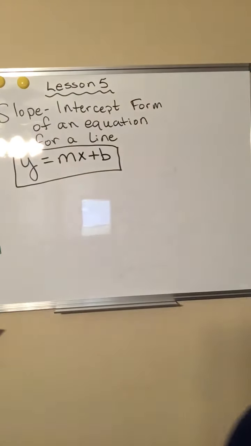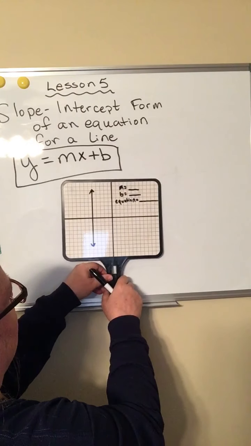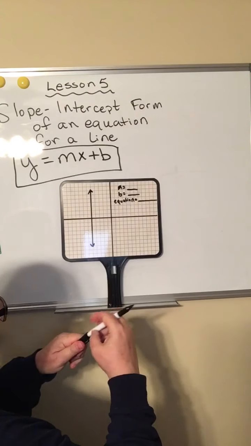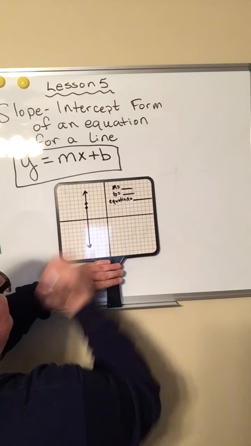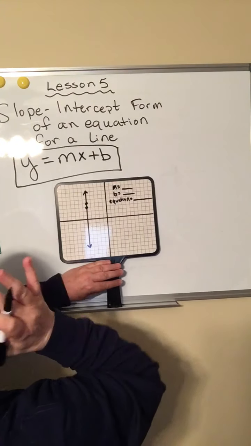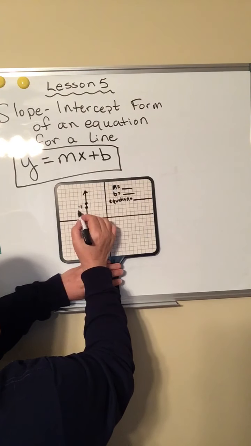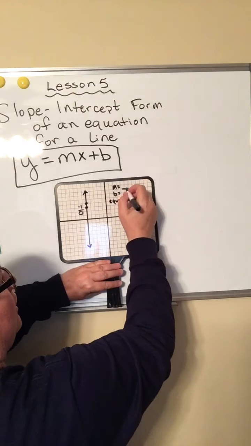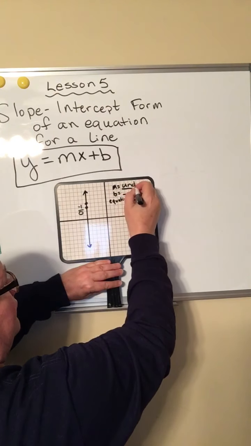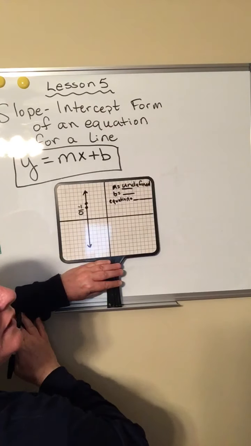What if we have a vertical line? Well, we'll do the same thing. A vertical line is a line with no slope. Because if we went from here to here, it's -1, and we didn't go over any. That's killing the bear, so it's a no slope or undefined. Well, how are we going to put that in our equation? We'll come back to that in a minute.